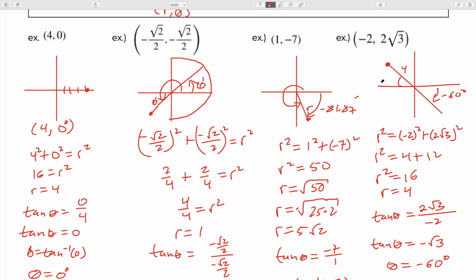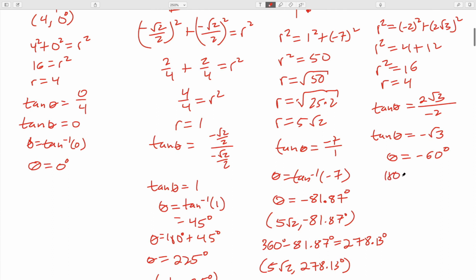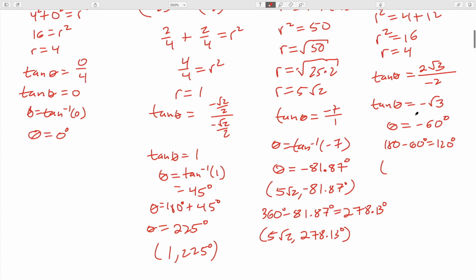That means I know this angle, the reference angle here, we can just call it theta prime, is equal to 60 degrees. So therefore, to find my angle, I can just do 180 minus 60 degrees, right? Which is going to give me 120 degrees. So my polar coordinate here is going to be 4, comma, 120 degrees.